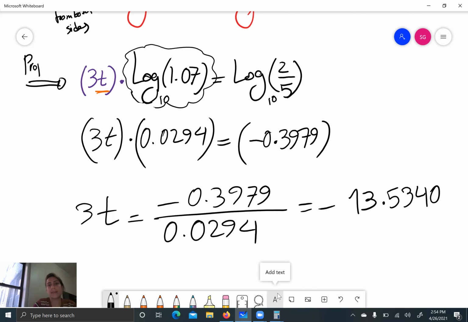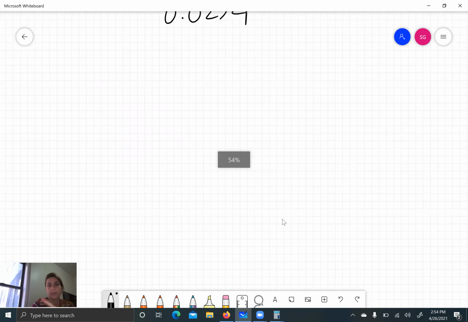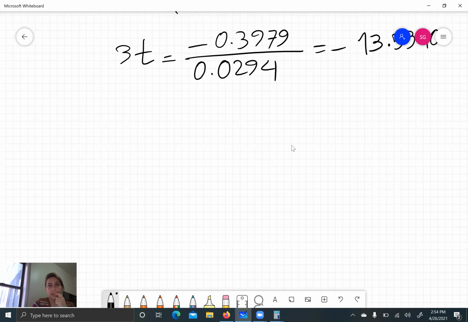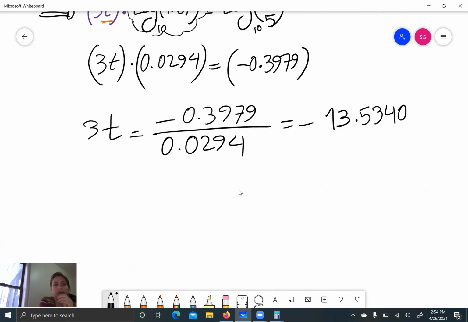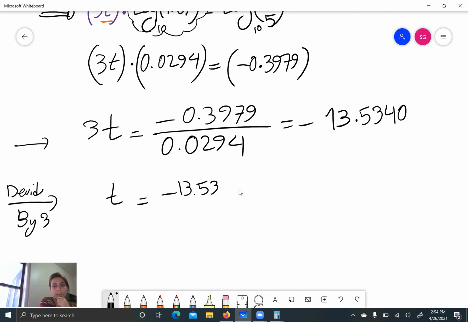Okay, and the last step is just divide both sides by 3 because we want to solve it for t, right? And t is multiplied by 3. So divide both sides by 3. So it's going to be this value divided by 3.